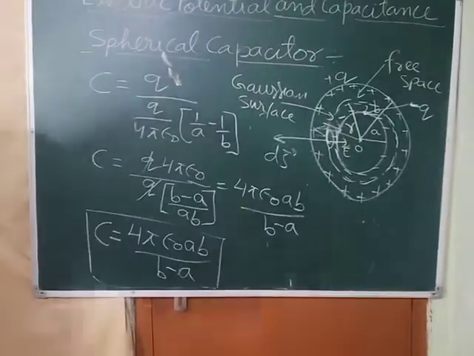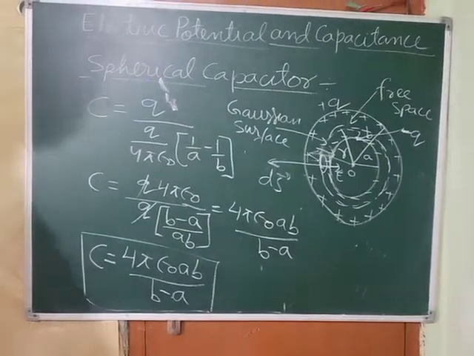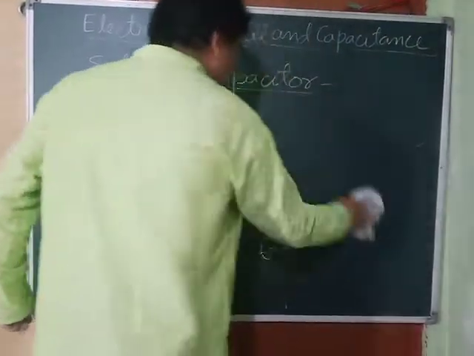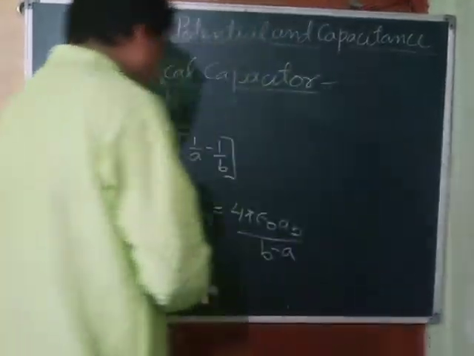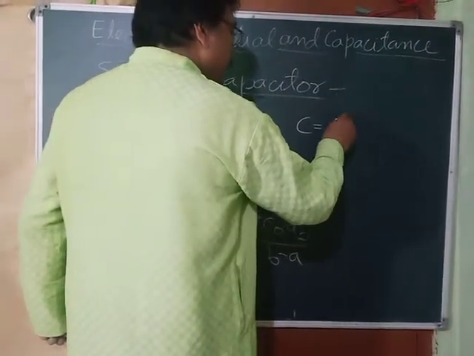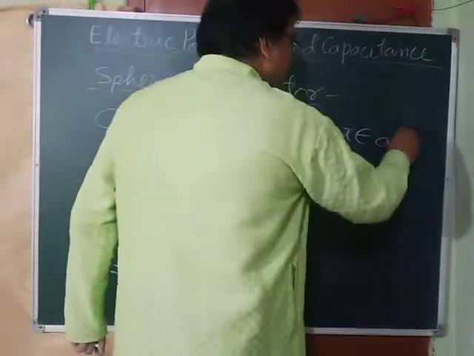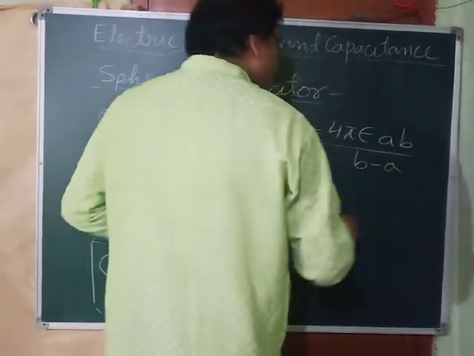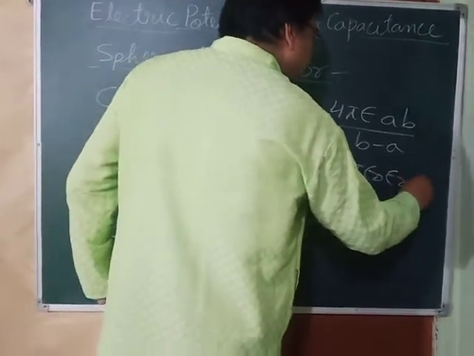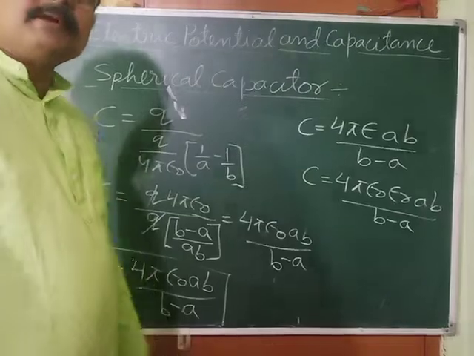Now, if the medium between them is not free space, then what can we do? Any idea? Obviously, if the space between them is not free space, then we can write C is equal to 4 pi epsilon AB upon B minus A, instead of epsilon naught. Or we can write C is equal to 4 pi epsilon naught epsilon R AB upon B minus A, where epsilon R is the relative permittivity of that medium.